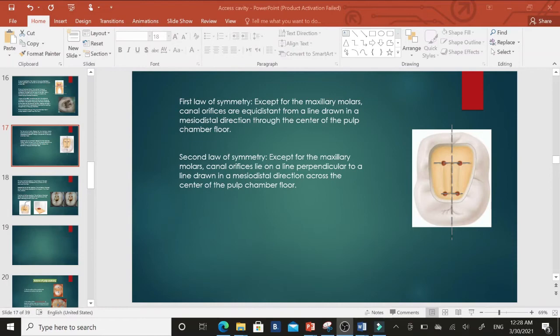So let's say that the mesiobuccal canal was 2 millimeters away from a line drawn in a mesiodistal direction through the center of the pulp chamber floor. Then I should expect to find the mesiolingual canal at the same level of the mesiobuccal canal, and it should also be 2 millimeters away from the line drawn in the mesiodistal direction through the center of the pulp chamber floor on the lingual side.